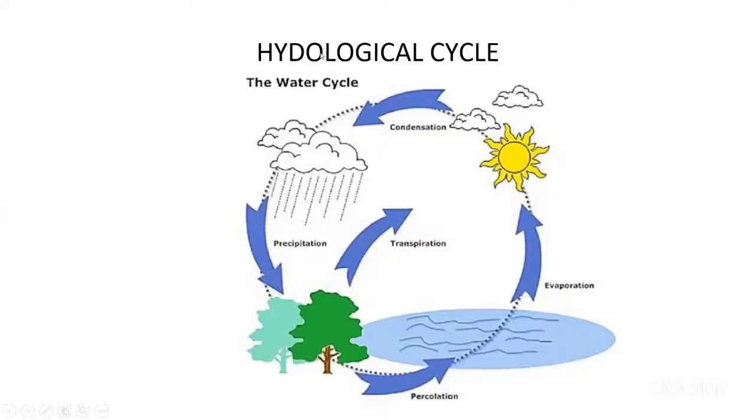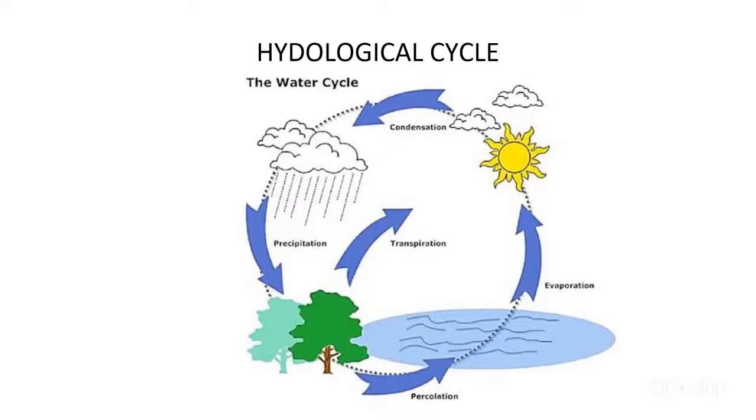Now the second step in the water cycle is condensation. Condensation is when water vapor cools and forms clouds. You can see the clouds here. The next step is precipitation, which is nothing but rainfall: water falls as rain, snow, or hail. Then the next step is infiltration. Some rainwater enters the ground, and some flows over the land surface.